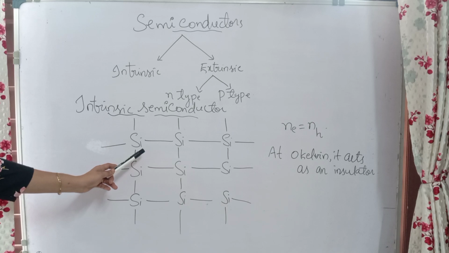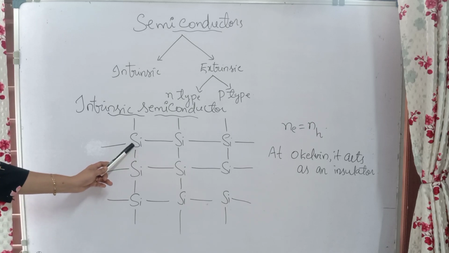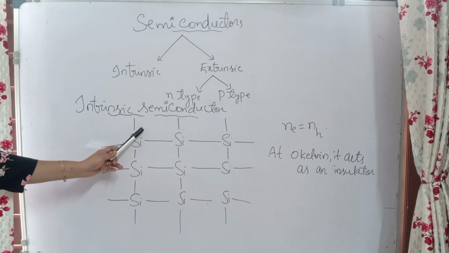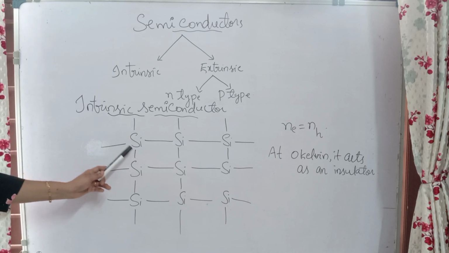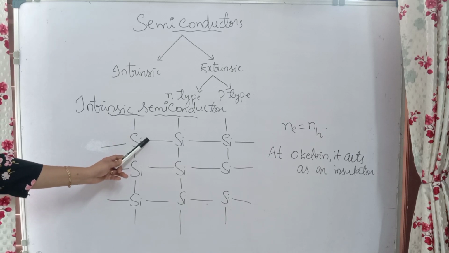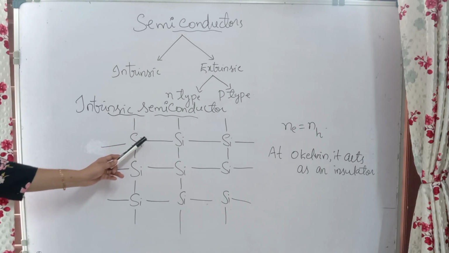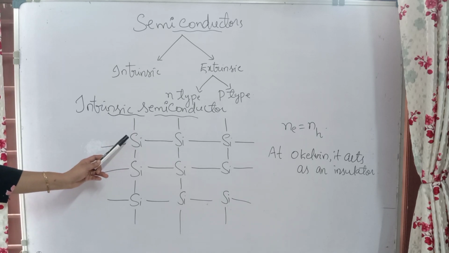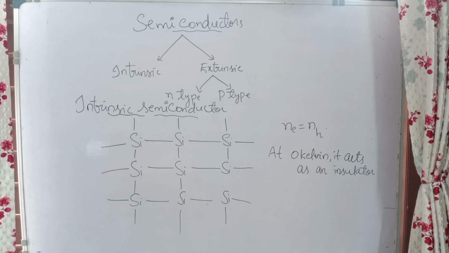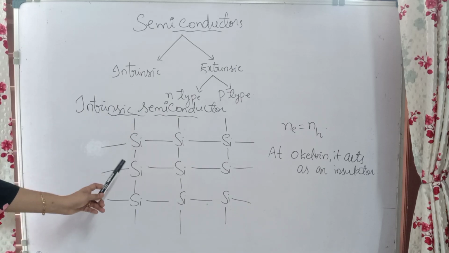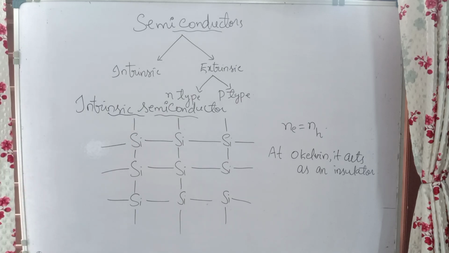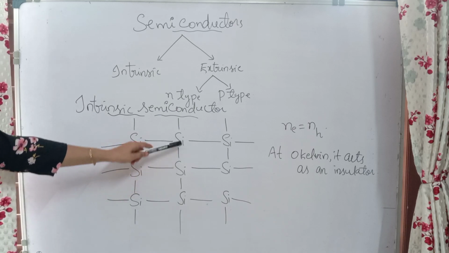Here we can see that each atom is covalently bonded, because there are 4 electrons in the outermost shell of silicon, and these 4 electrons are bonded with the neighboring atoms, forming covalent bonds.